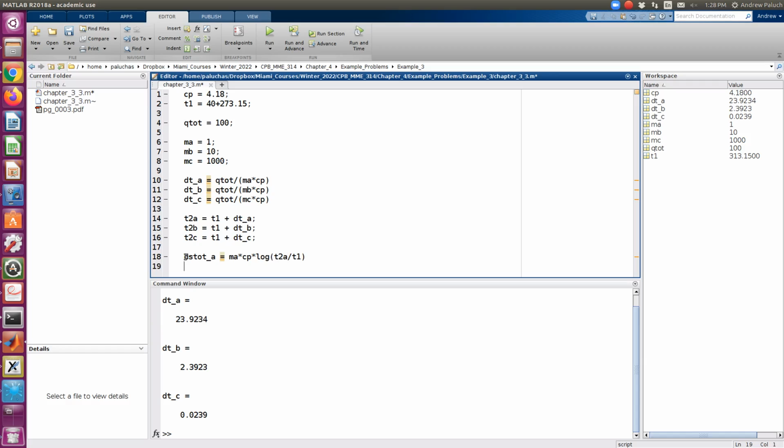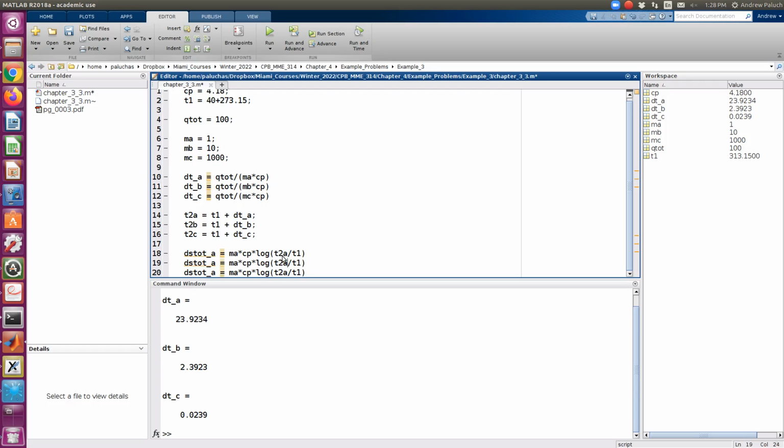Then I'll copy and paste this three times and just update the mass in B and C, and the final temperature for case B and C. If I run it, the change in entropy is 0.3077, 0.3181, and 0.3193. So it looks like it's approaching a constant value.